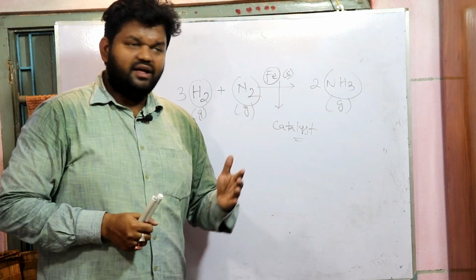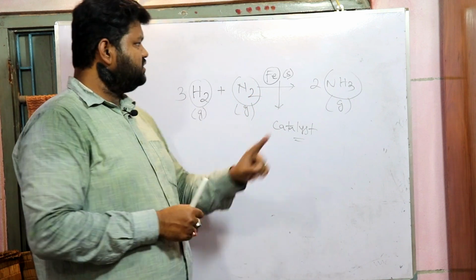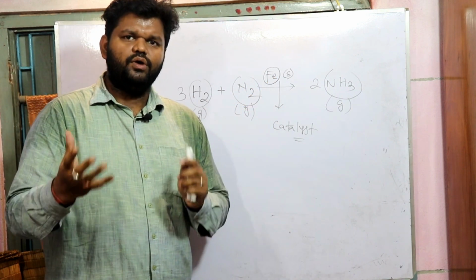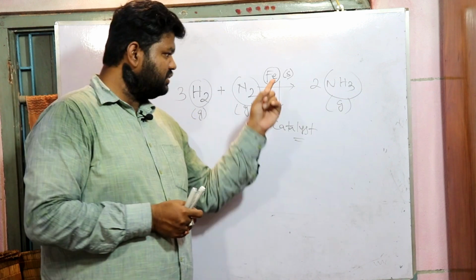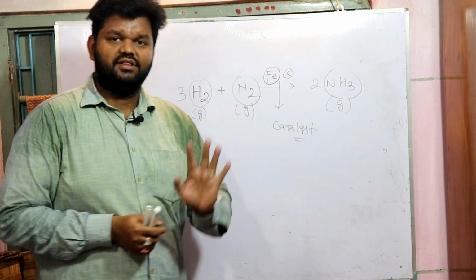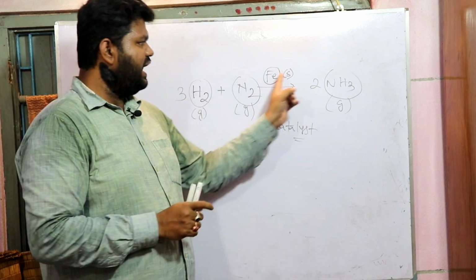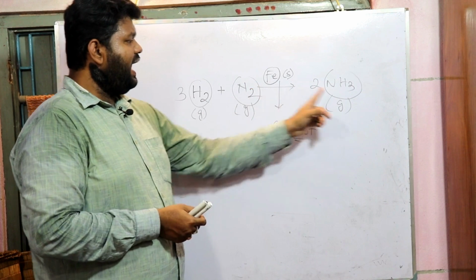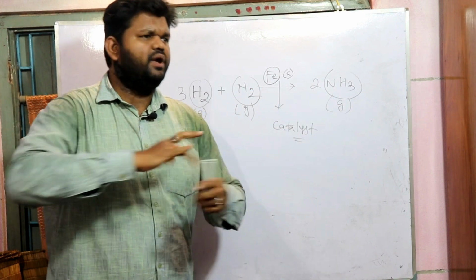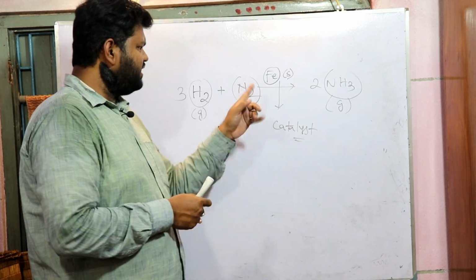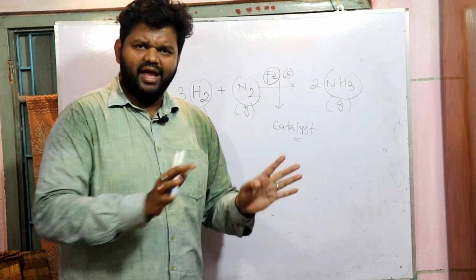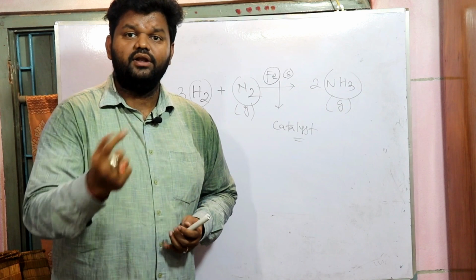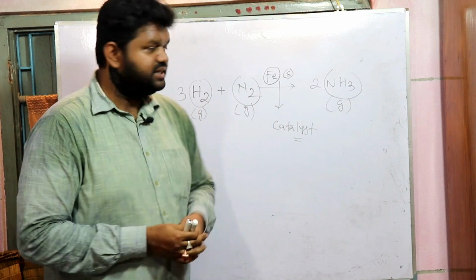But the iron will be exactly the same before and after the reaction. No hydrogen, nitrogen or ammonia will be converted to anything else by this iron. So iron is present here to increase the rate of the reaction, that means it is the catalyst.